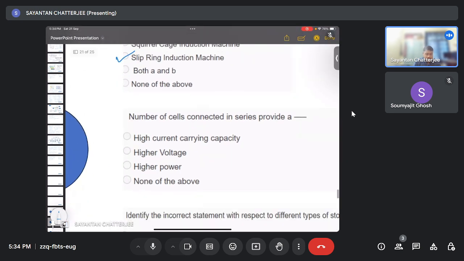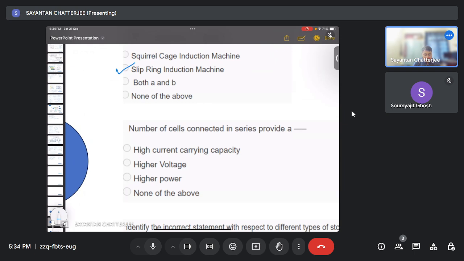Number of cells connected in series provide high current capacity, high voltage, high power, none of them. Cells connected in series, so what would be more on the output side? Current, voltage, or power.